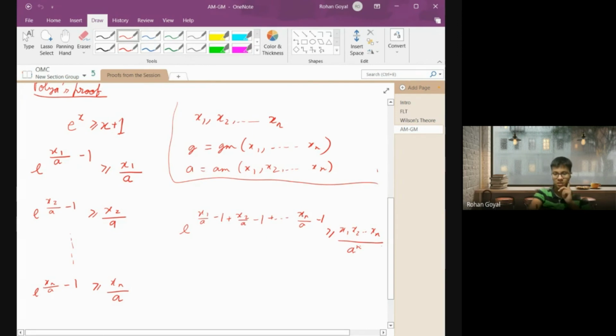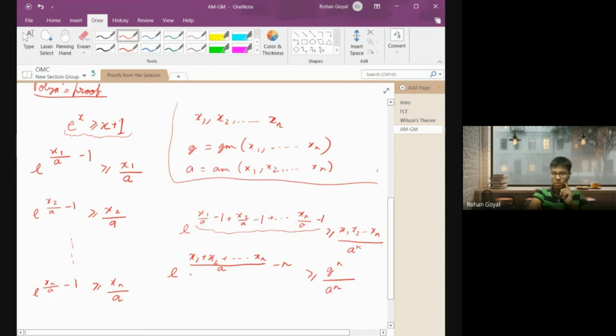Yeah. So you have this inequality. Okay. What is this? This is e to the (x1 plus x2 plus ... plus xn upon a minus n). Just think of it as some number which has this inequality. Don't think too much about this. There's just some number e which has this inequality, greater than or equal to, what is this? g to the n upon a to the n.